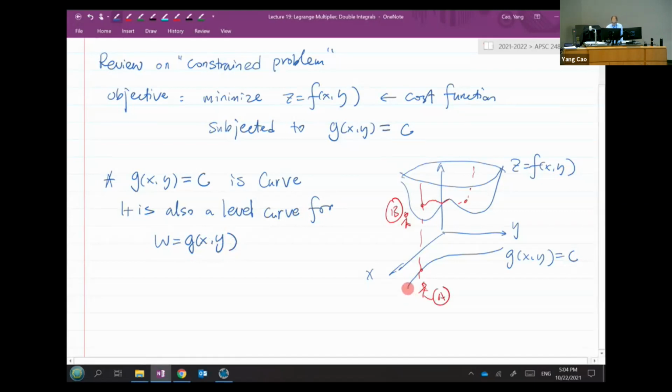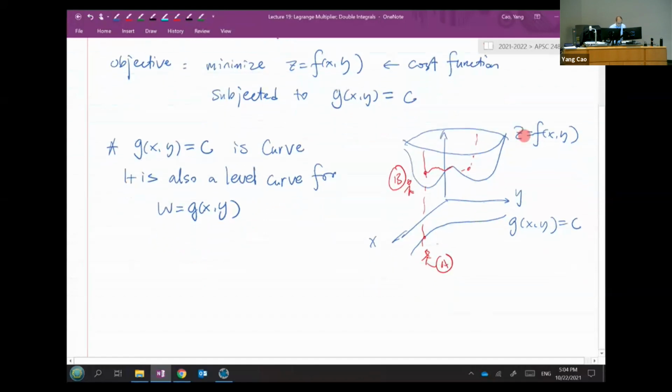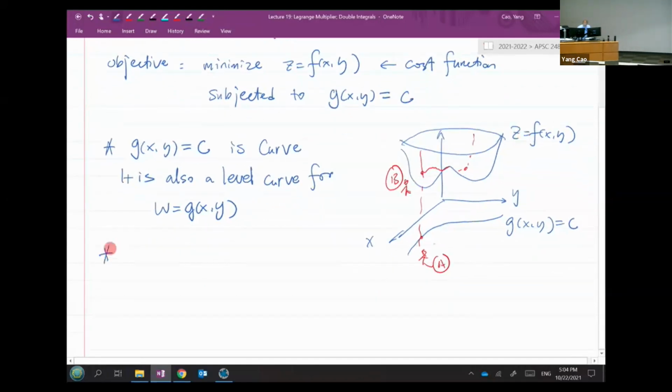Even though this is just a curve plotted in the xy plane, if you think in a bigger picture, where is this curve from? This curve probably comes from a function of two variables, which is a surface. If you slice the surface with w equal to c, you get this level curve. So even though this is a curve in the xy plane, it's actually part of a level curve of this surface. So that's number one. We didn't do anything, we're just saying it here.